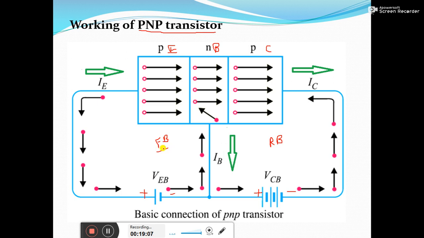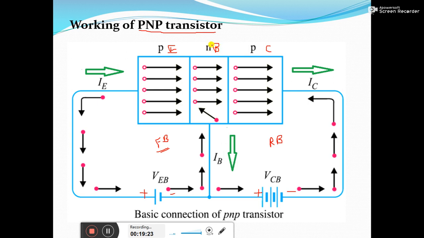Since this is forward biased, the positive terminal of the battery pushes the holes towards the base. There will be a repulsion force from the battery, so these holes will try to move towards the base region.